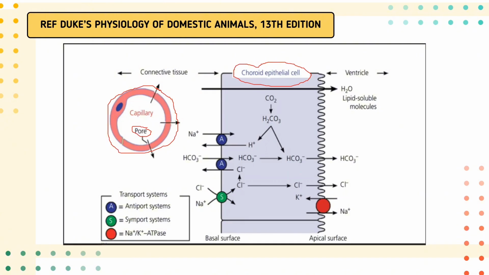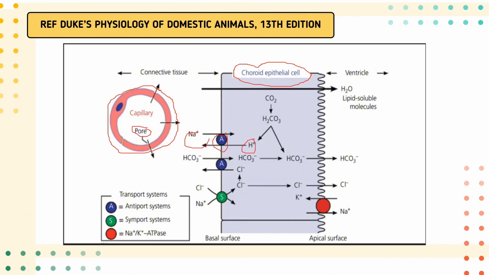For the transport system in the basal surface, the antiport system is the exchanger of two molecules moving in opposite directions across the cell membrane. So sodium is taken in, at the same time hydrogen ion is taken out.